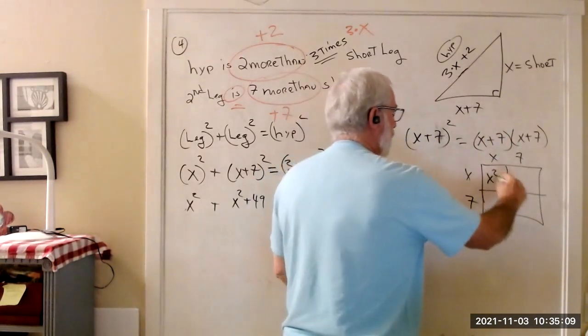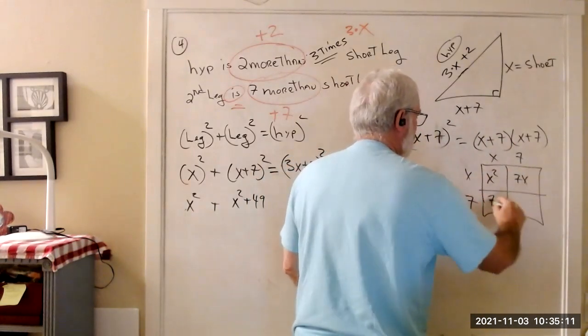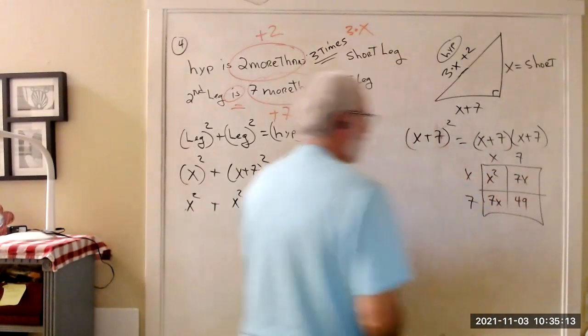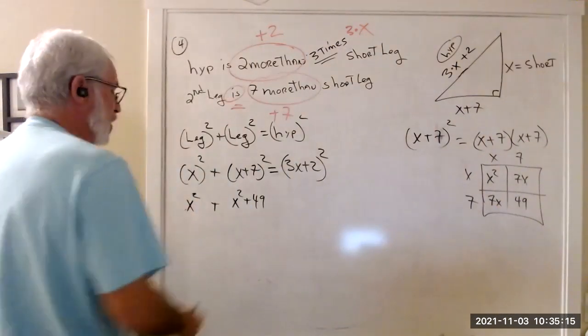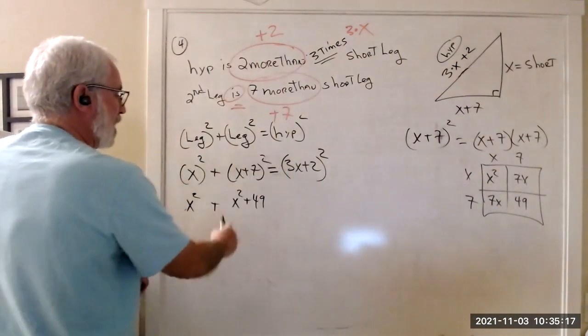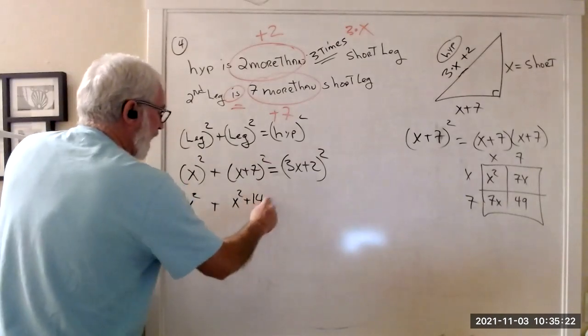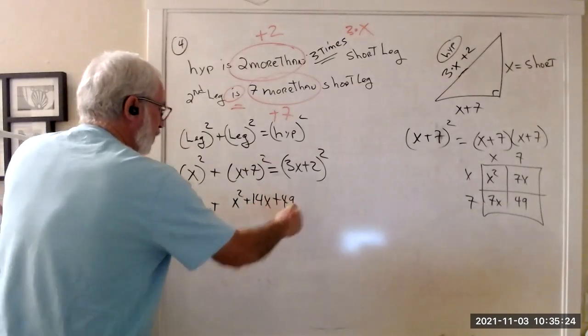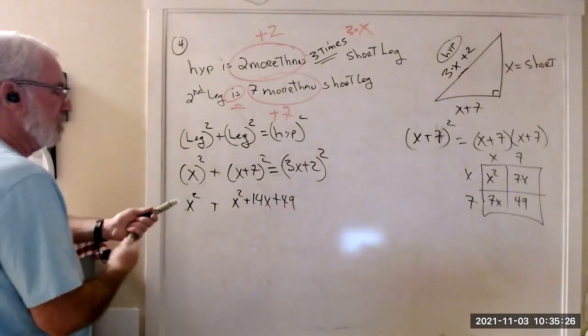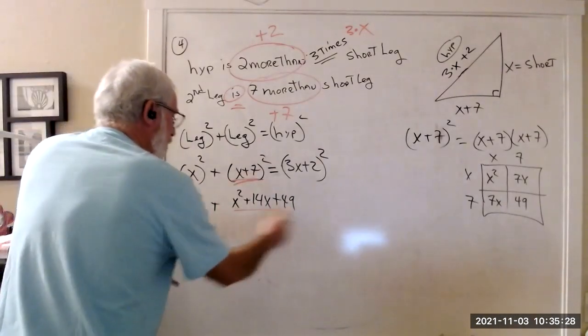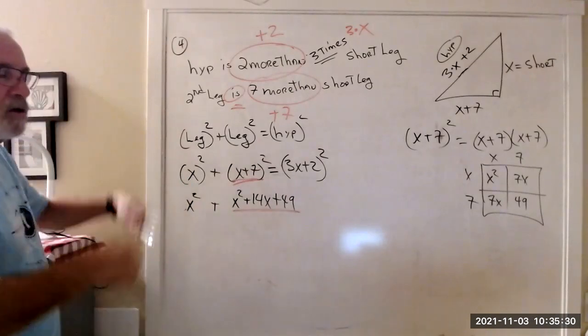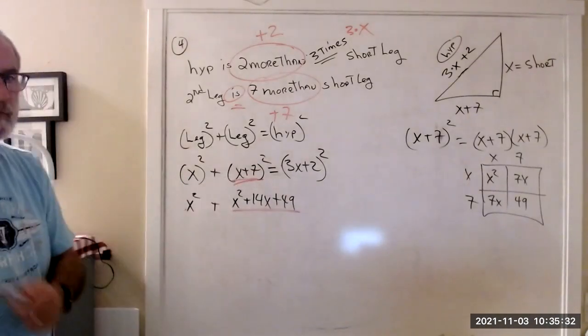You get x squared, 7x, 7x, 49. So the proper answer here, when you have x plus 7 squared, is x squared plus 14x plus 49. But by multiplying that wrong, you just ruined the whole rest of the problem.